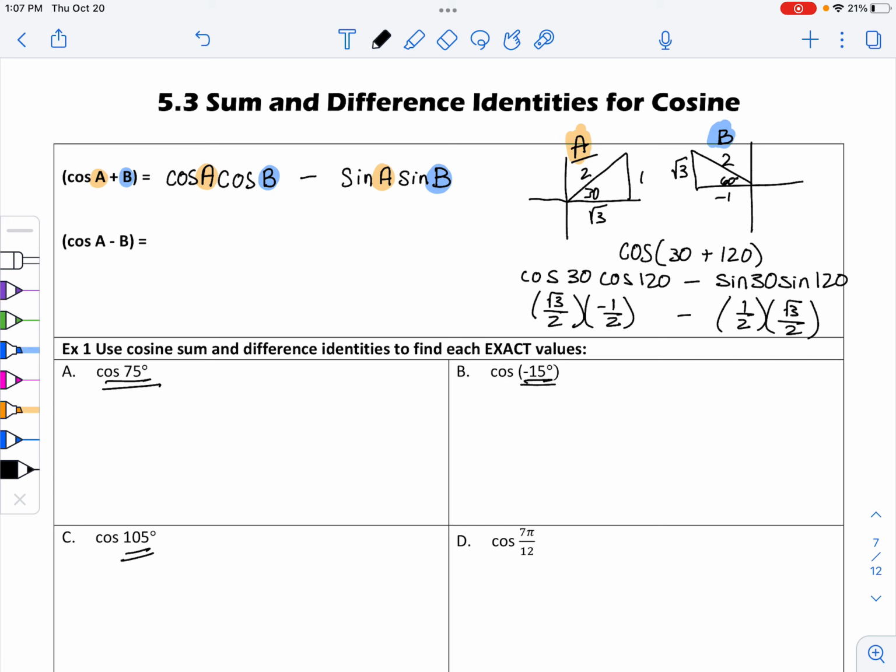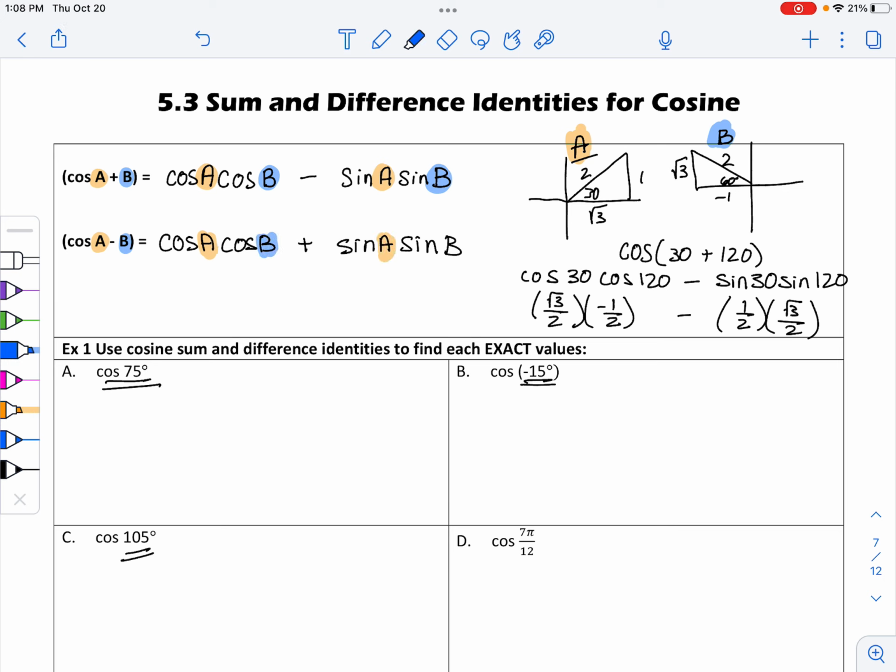So jumping down, if we had to subtract two angles that we know the information on, again, I'm going to call angle A in my orange and angle B in my blue. This would be the cosine of angle A times the cosine of angle B plus sine of angle A times sine of angle B. Notice they look super similar to each other. That's because they are.